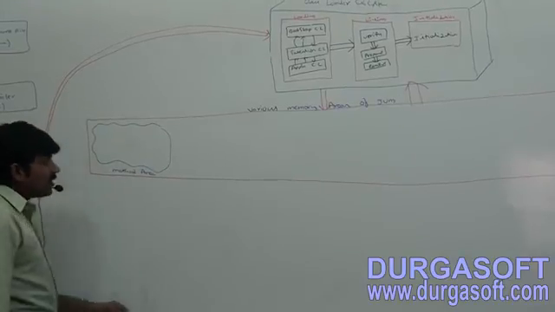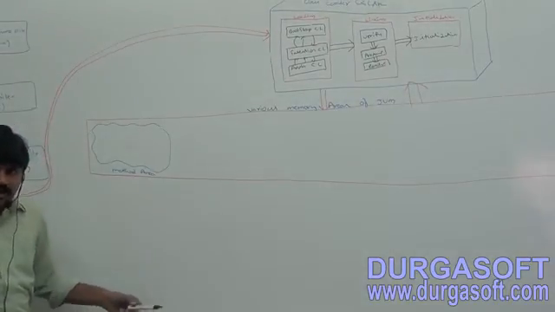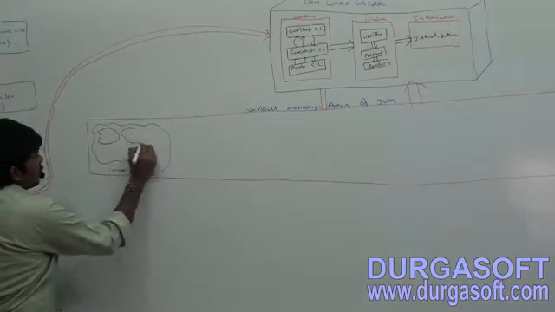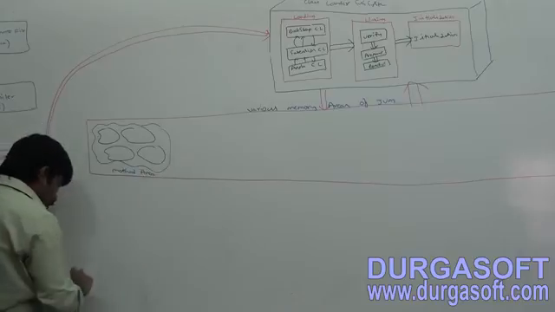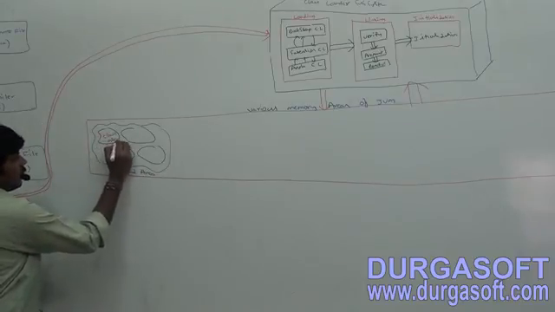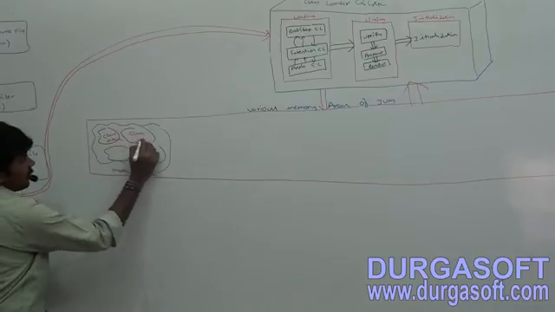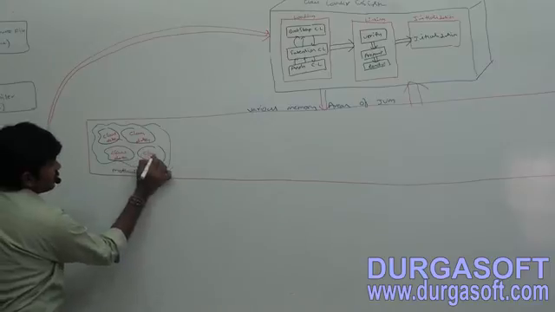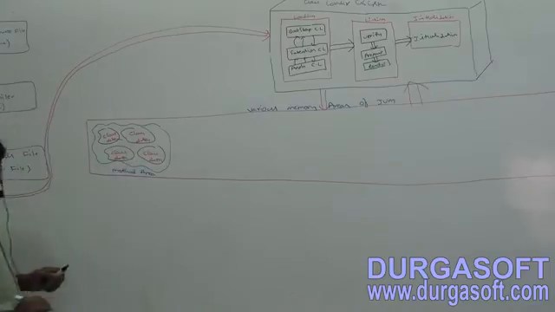Do you know which data will be there in the method area? Class data will be there. Correct or not? In the method area, class level data will be there.